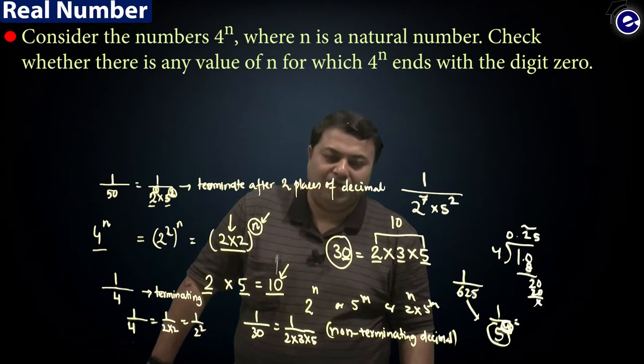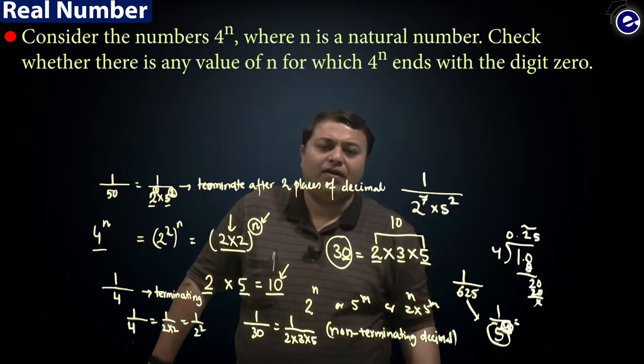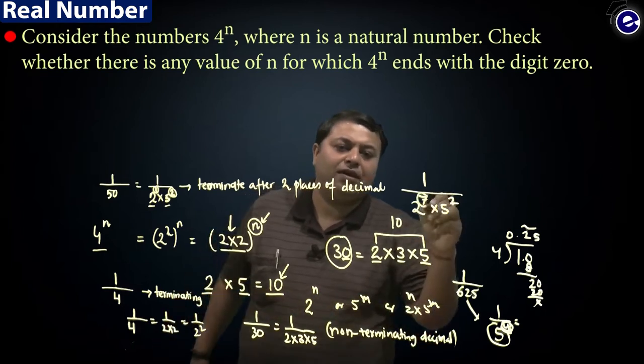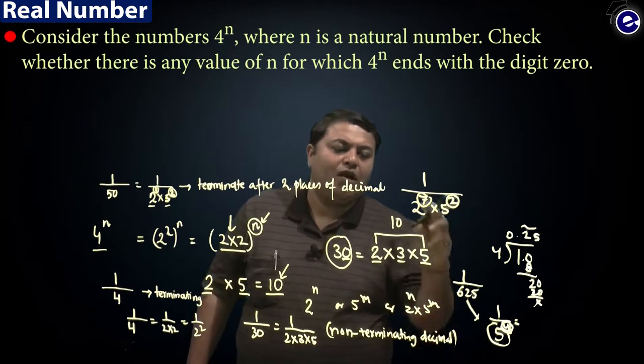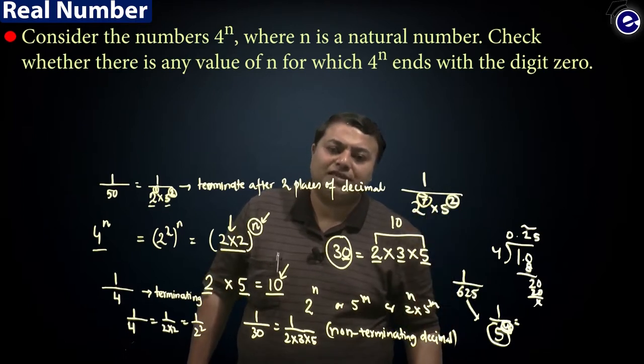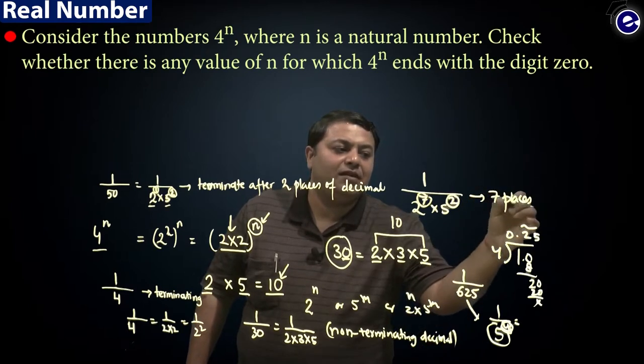There are no other prime factors. And after how many places will it terminate? What is the power of 2? It is 7. And what is the power of 5? It is 2. Out of these two powers, which one is more? 7 is more. So it will terminate after 7 places of decimal.